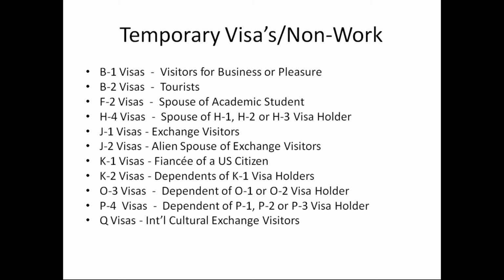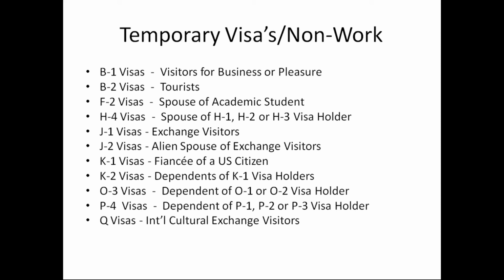So obviously, if you say, well, H visas are a work visa, that's not really correct. It's correct that an H1, H2, or H3 visa are work visas, but an H4 visa is issued to the spouse of somebody who's on those work visas.